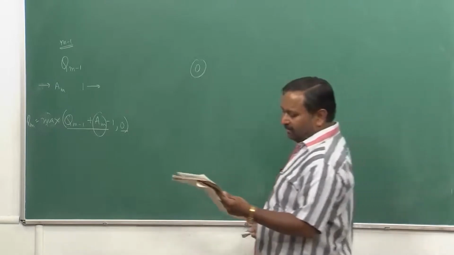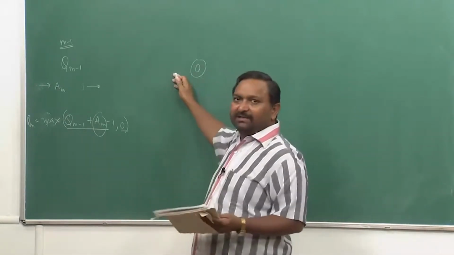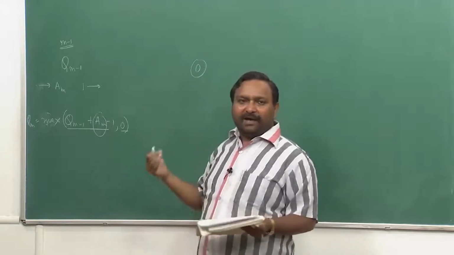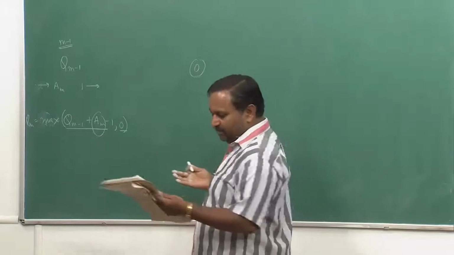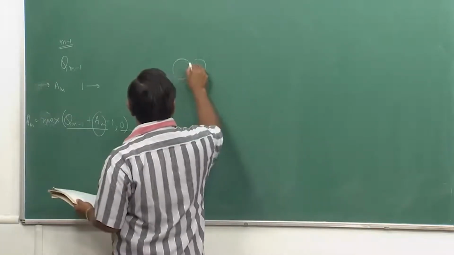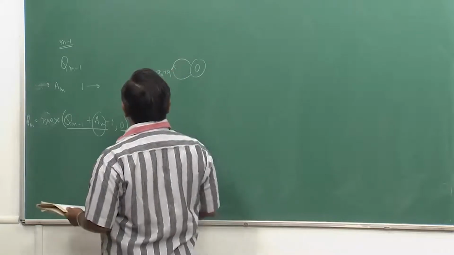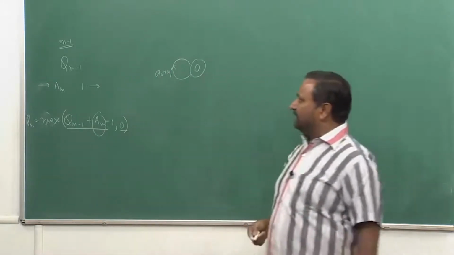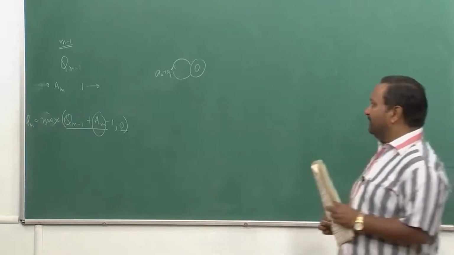If there is only one packet which comes in, that packet will come at the output buffer and it will be going out, you will still remain in state 0. If there is no packet which arrives, then also this is going to happen. So A0 plus A1, that is the probability of arrival of 0 packet or 1 packet.